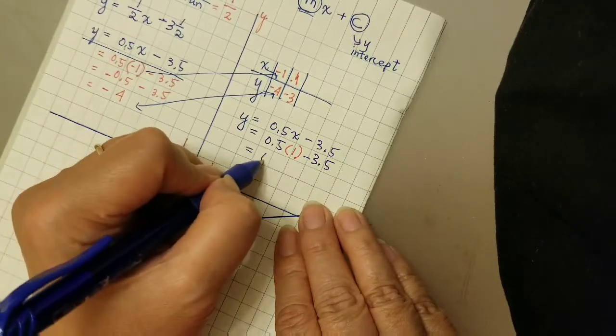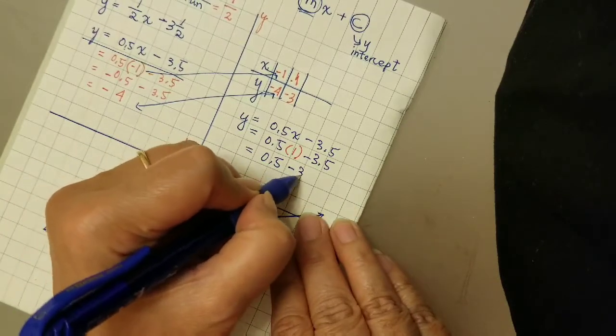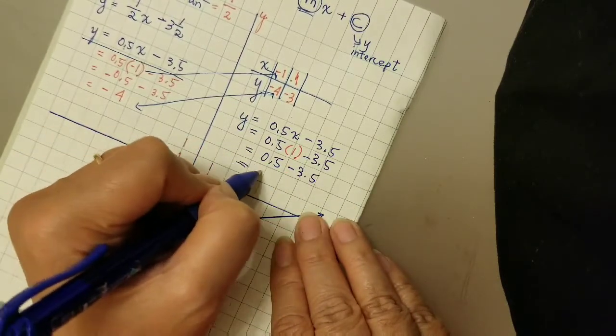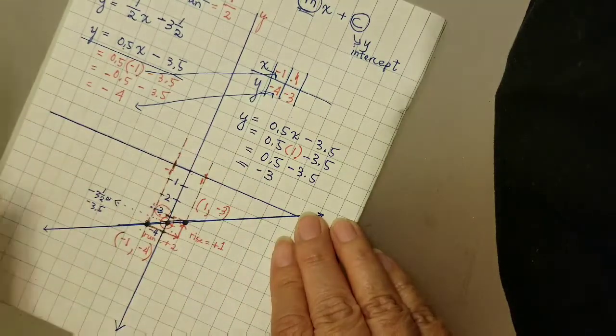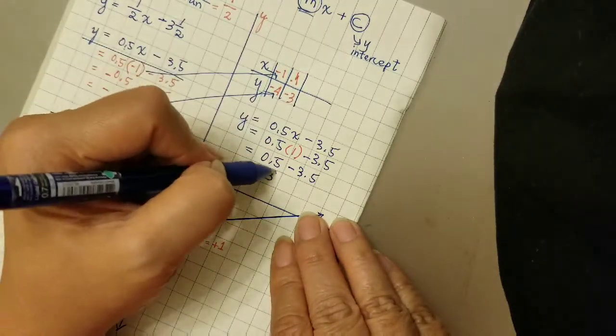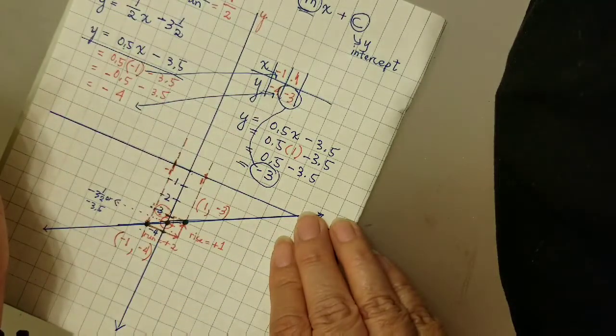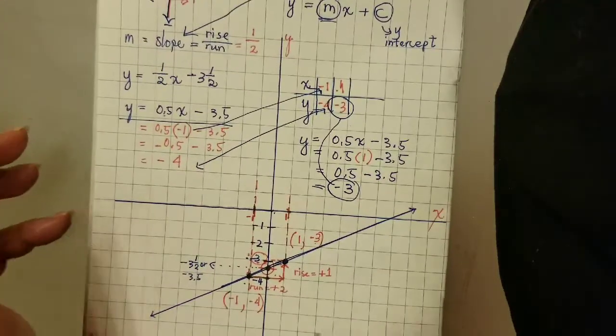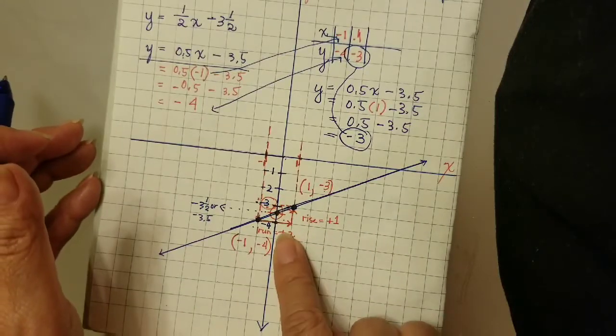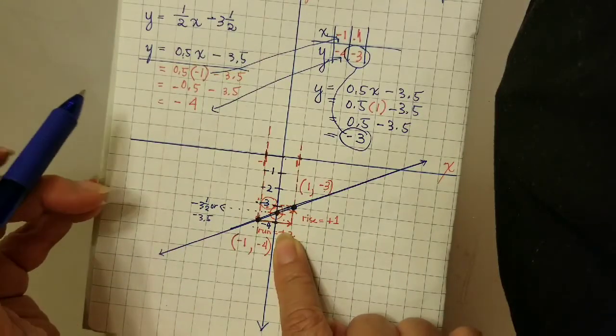So you have 0.5 minus 3.5 equals -3. As you can see, it's the same. So that means the equation that you got from the graph is correct.